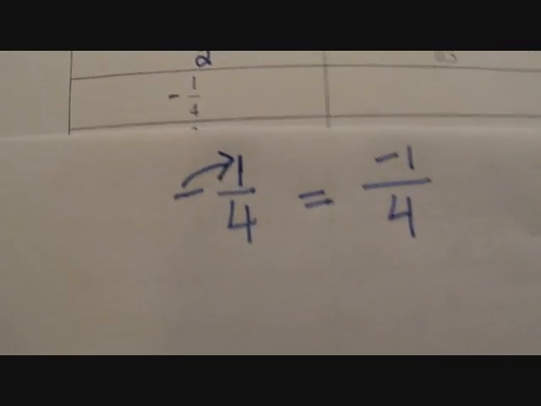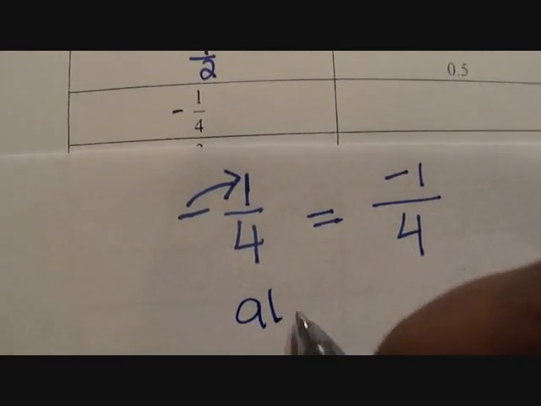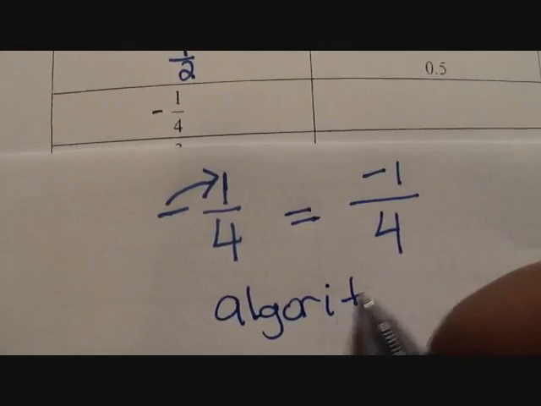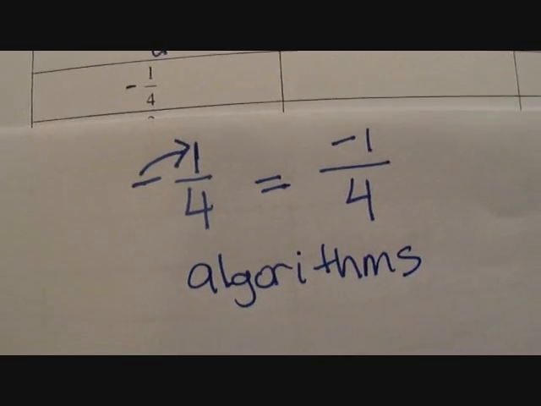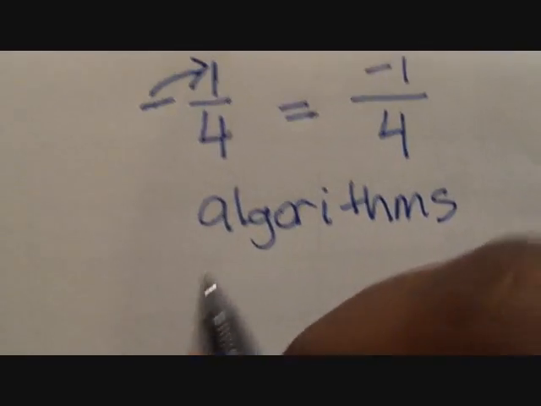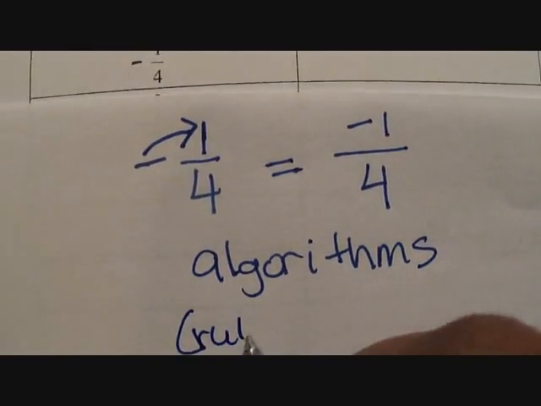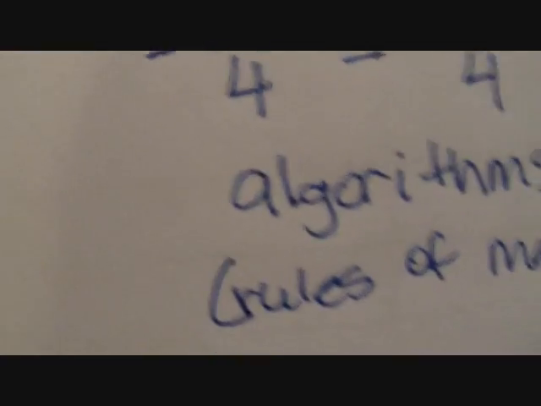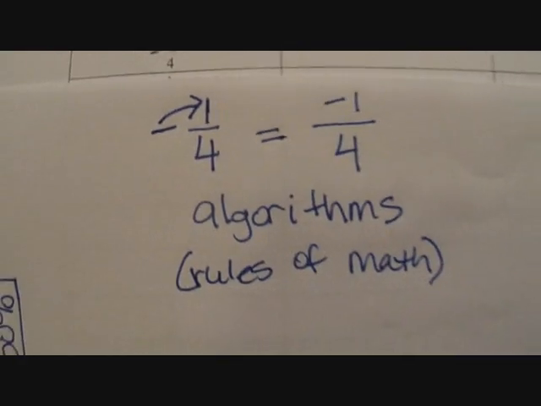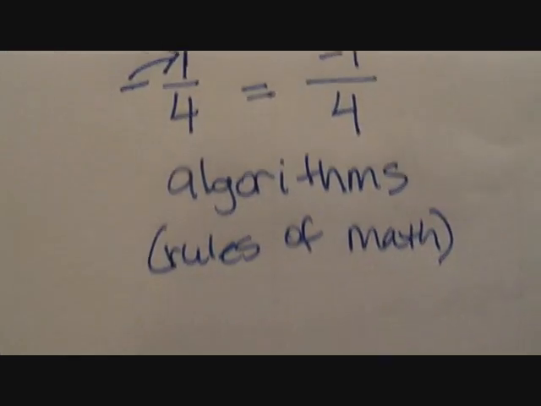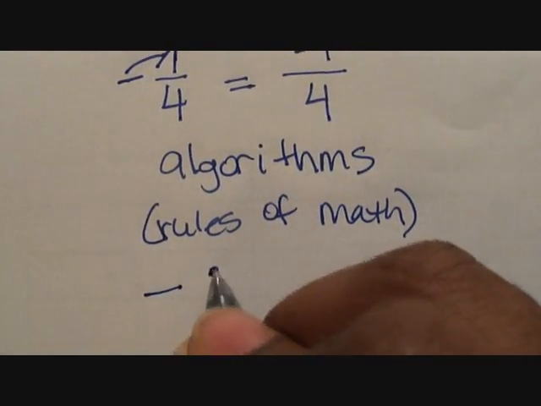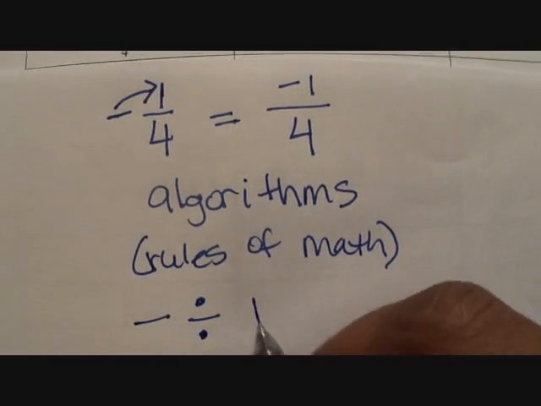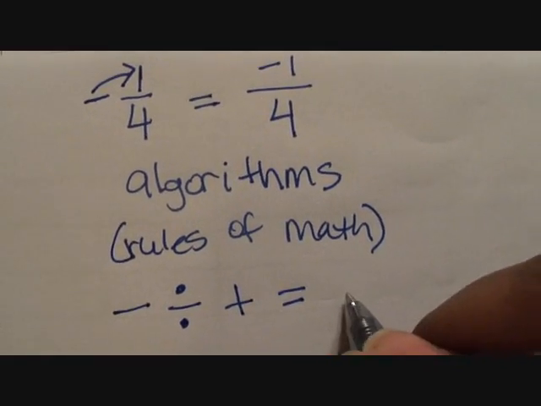And if you remember the algorithms, another word for algorithm is rules of math. And the algorithm that I'm referring to is a negative divided by a positive is a negative.